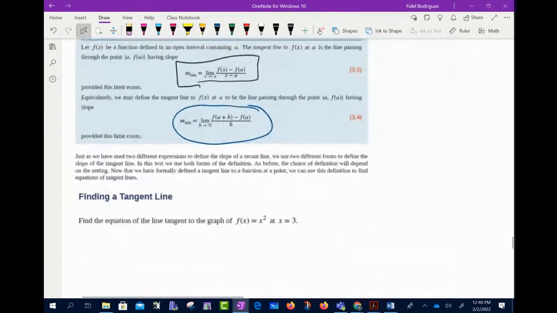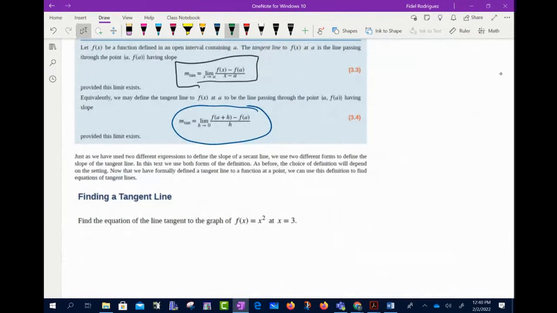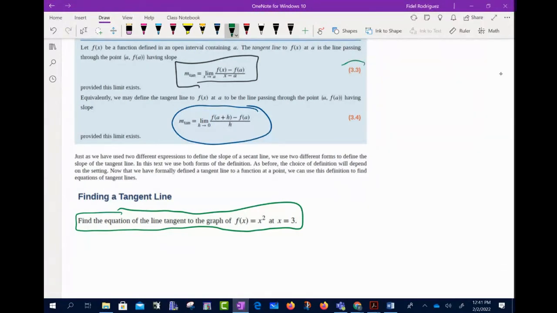All right, here's the first example that we're going to work out. We're going to find the equation of the line tangent to the graph of f of x equals x squared at x equals 3. For this problem, we're going to use the first method.